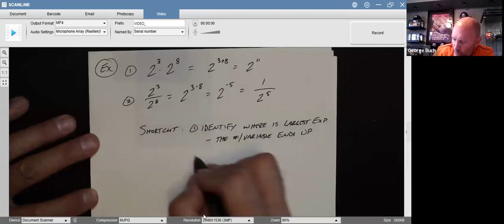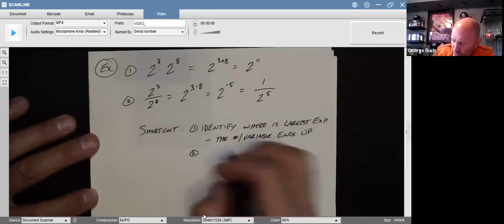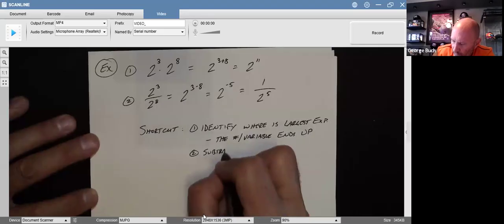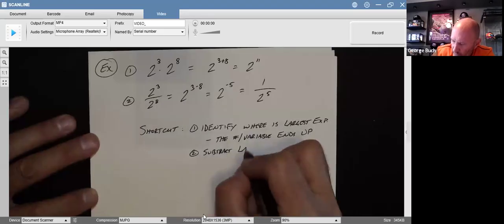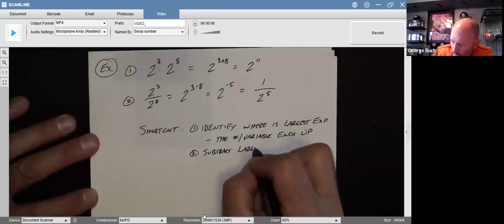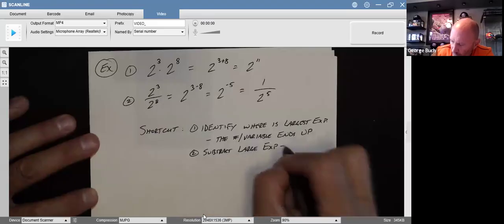And then to figure out what the exponent is, we subtract the large exponent minus the small exponent.